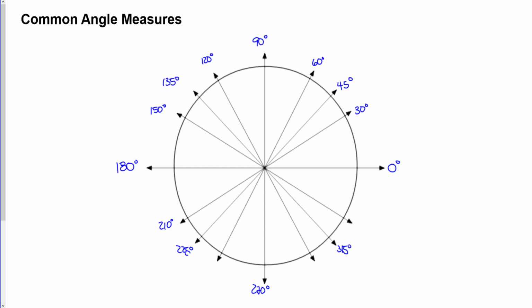Keep doing that. 30 degrees past 270 is 300, and 60 degrees past is 330 degrees. So these are the most important angle measures that we're going to work with in degrees.